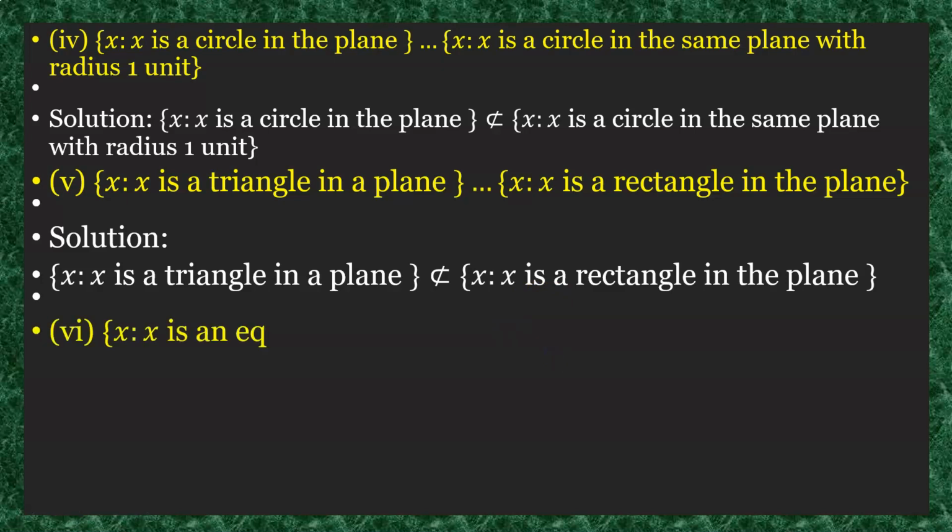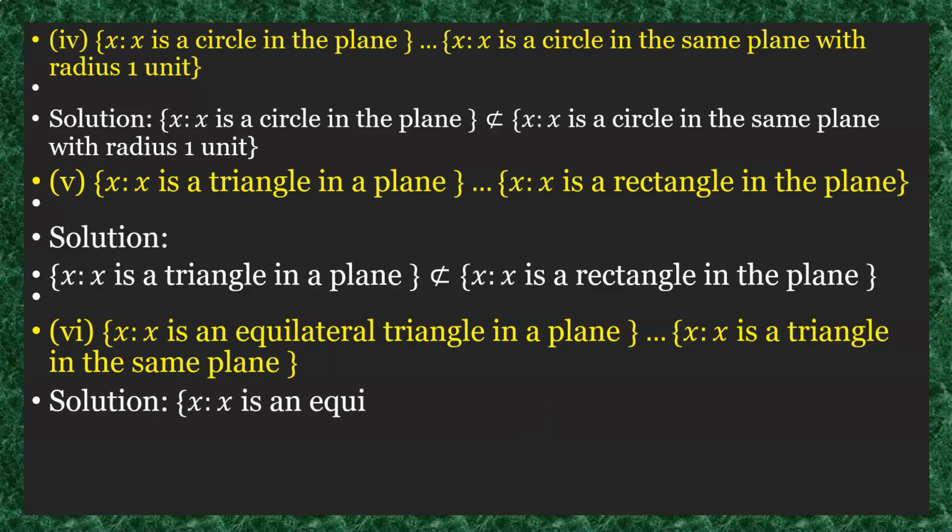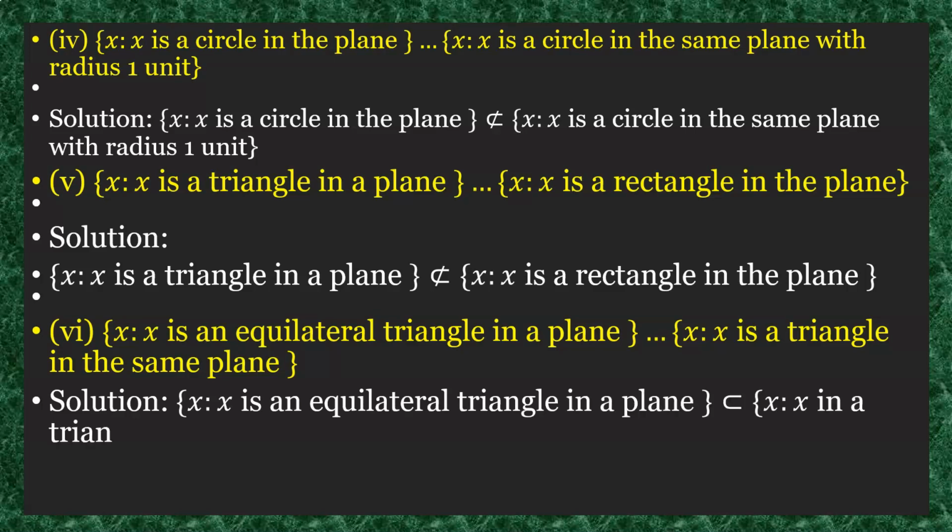Next, {X : X is an equilateral triangle in the plane}. Next is {X : X is a triangle in the same plane}. {X : X is an equilateral triangle in a plane} is a subset of {X : X is a triangle in the same plane}.